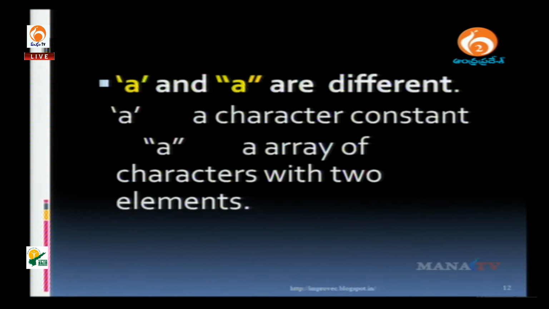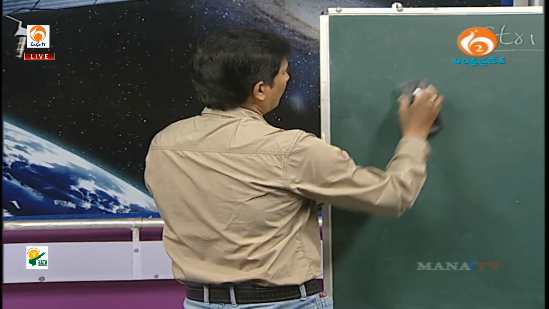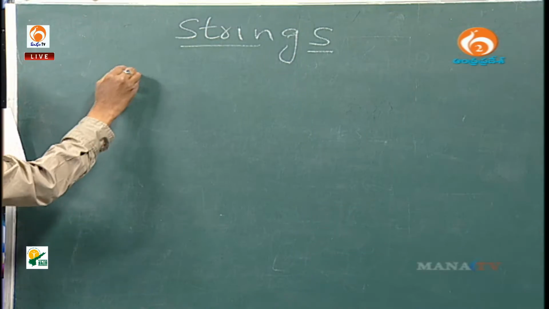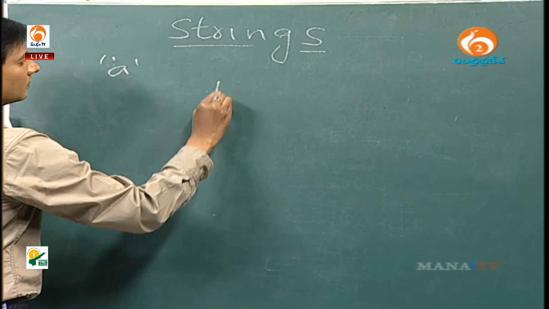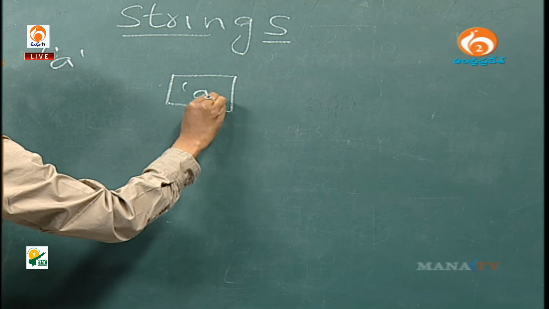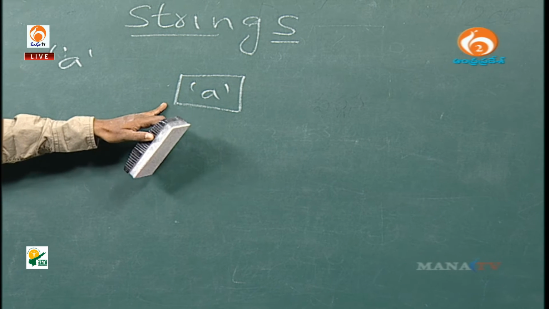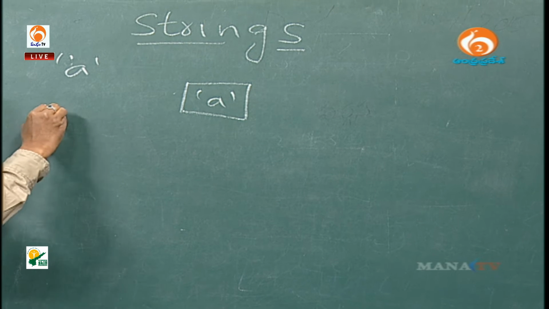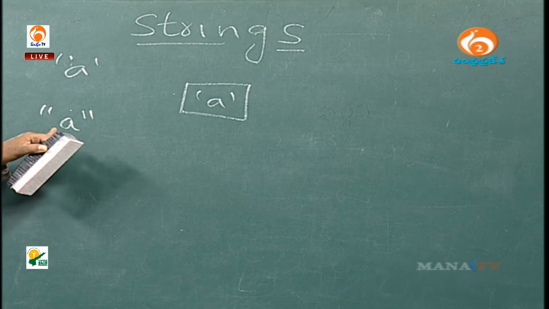The meaning of that one, I will write. 'A' means this is a character, stored like this. This is a variable. Next, double quotes "A" means it is a string here.